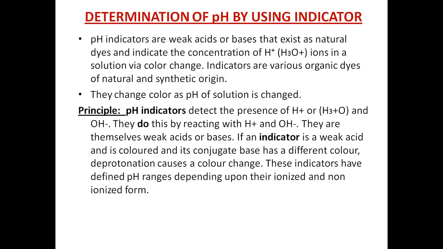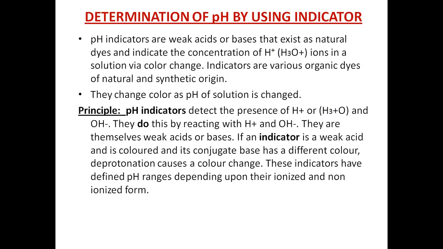The principle on which these pH indicators work is almost similar to that of litmus paper. pH indicators are weak acids or weak bases that exist as natural dyes and indicate the concentration of hydrogen ions or hydronium ions in a solution via color change.